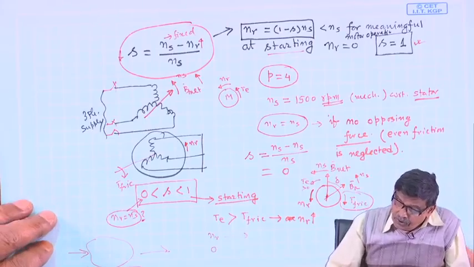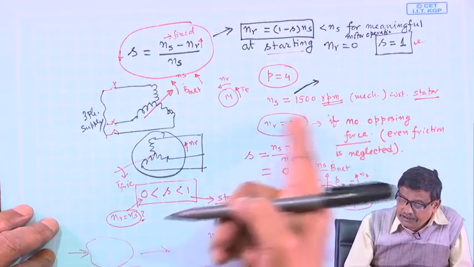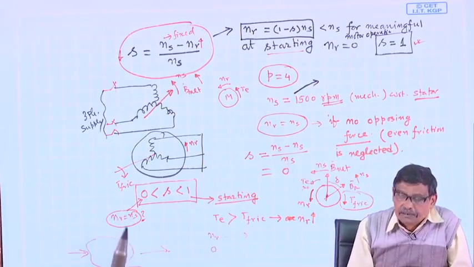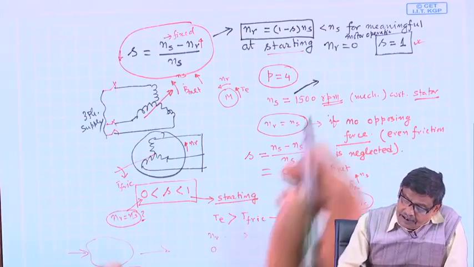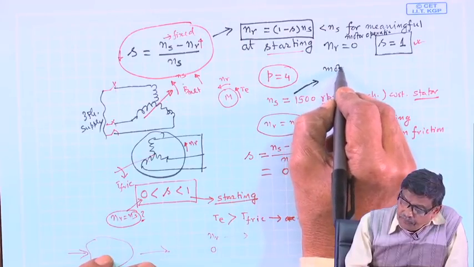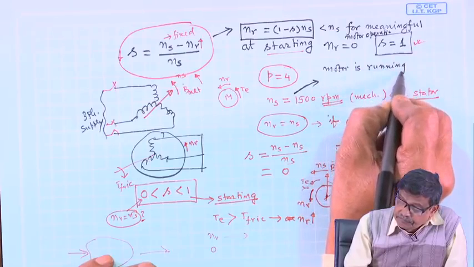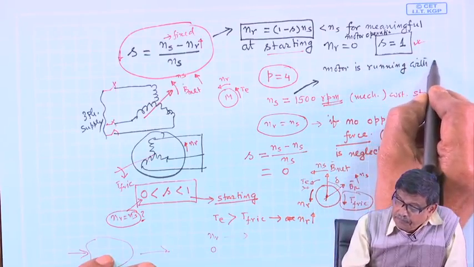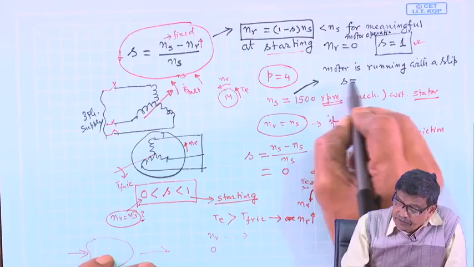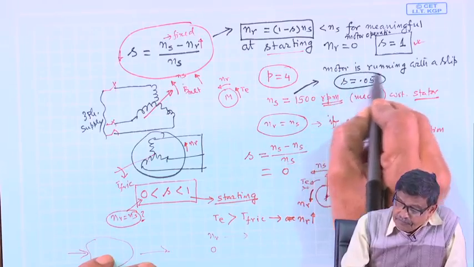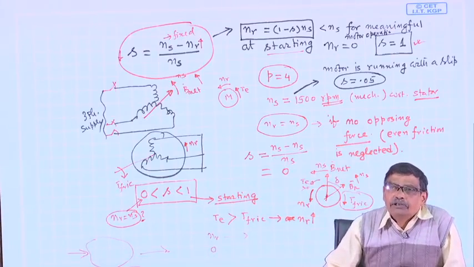Okay. So, coming to this exercise, let me take Ns equal to 1500 rpm for a 4-pole machine. Instead of telling the speed, people say that motor is running with a slip s equal to 0.05. As I told you, when somebody says slip, he is indirectly telling me about the speed.